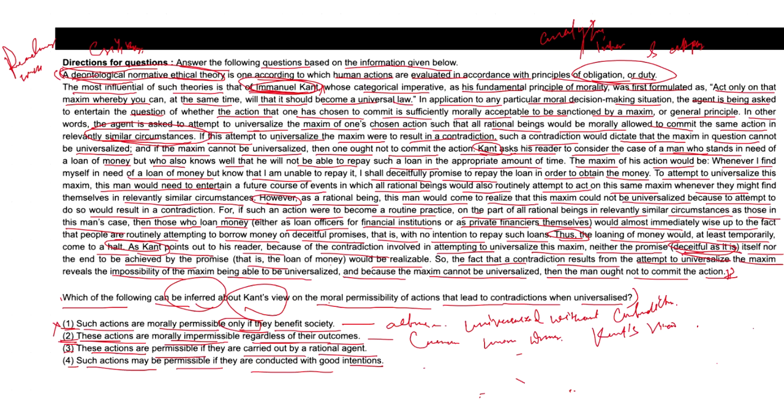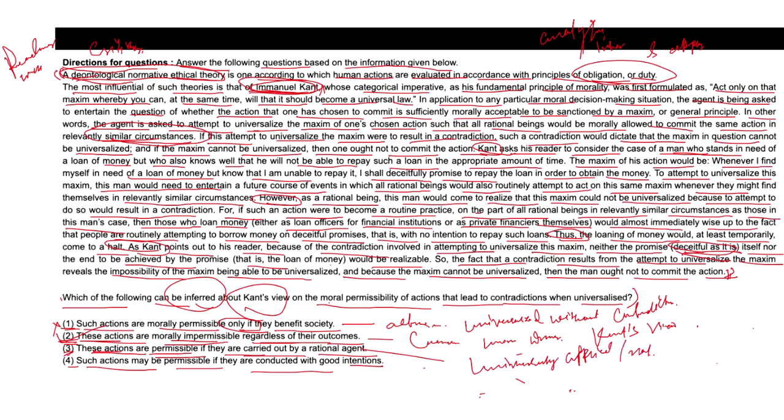Now look at the other options. Option three states these actions are permissible if they are carried out by a rational agent. The choice suggests that as long as a rational person does the action, it's okay. Kant's view doesn't depend on who is doing the action, but on whether the action can be universally applied or not, without causing contradiction.